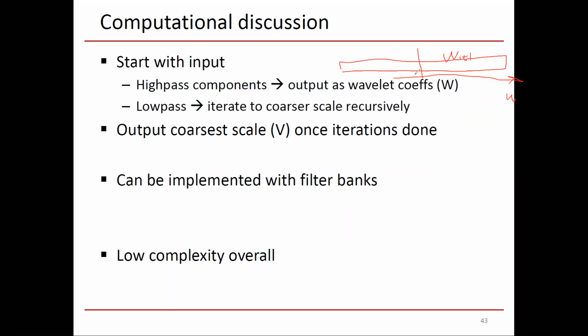And then we could just deal with the lower frequencies, or iteratively we can say that this part is the W in iteration number 2, and then iteratively this part is the W in iteration number 3, and finally you have the low pass part, and the low pass part is the phi part, and the other parts are the psi parts. Psi are bandpass, phi is low pass. We output the coarsest scale, the V function, the phi part, one time after all the iterations are done.